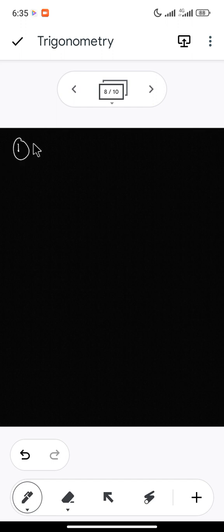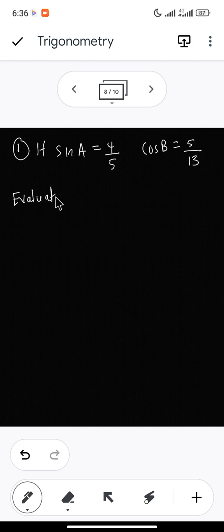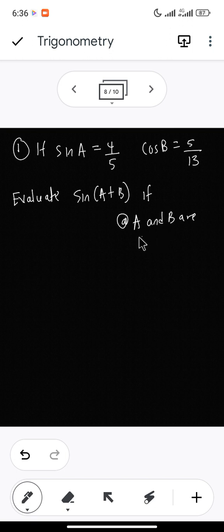So the first example says that if sine A gives you 4 over 5 and cos B gives you 5 over 13, you should evaluate sine A plus B, if A and B are acute.